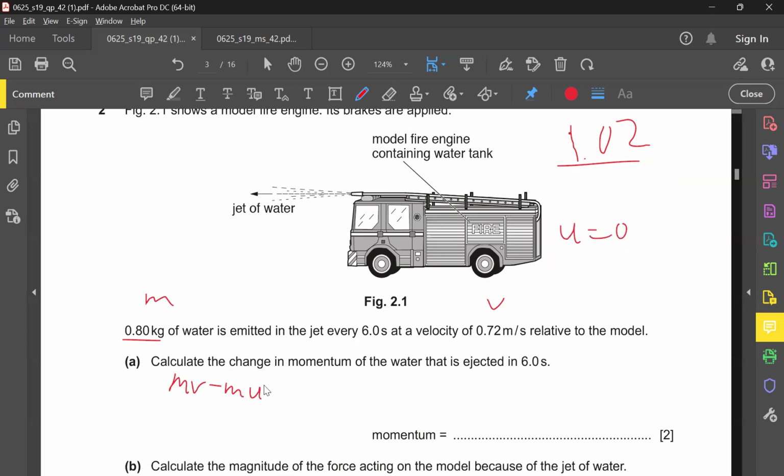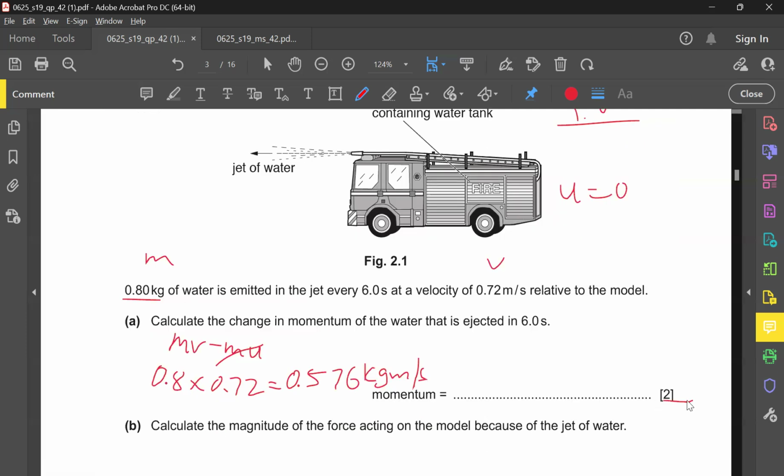So it's basically just mv in this case, which is 0.8 multiplied by 0.72. Press that in your calculator and you'll get 0.576 kg m/s. Straightforward. Everyone knows this. 2 marks like that. Free.